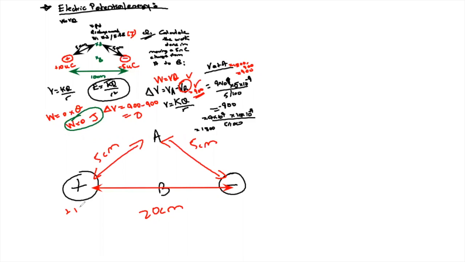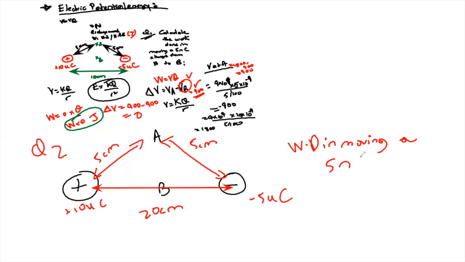And this is plus 10 microcoulombs. And this is going to be minus 5 microcoulombs. And you have to find again the same thing: work done in moving a 5 nC charge from A to B. All right, so note this down, and yeah, that's your question for tomorrow.